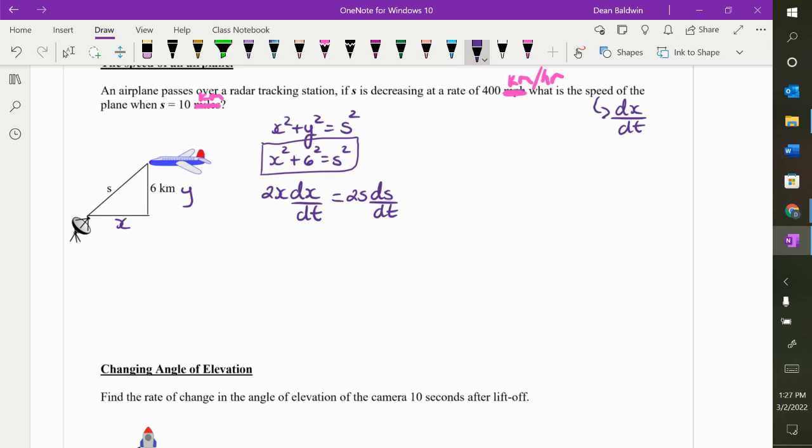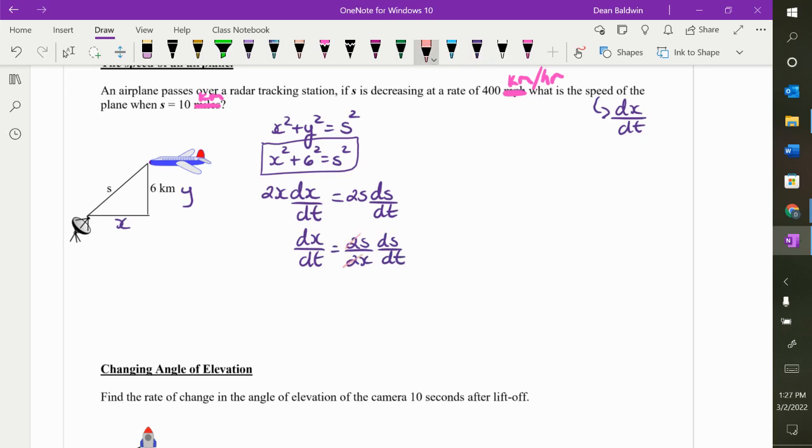All right. What are we trying to figure out? dx dt. So what should I do with the 2x? Divide it off. What happens to the 2's?